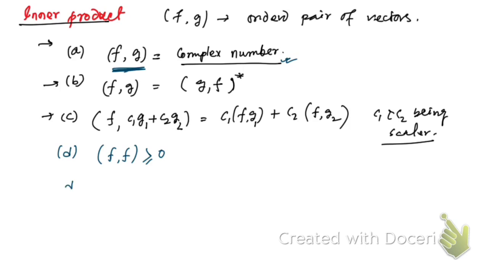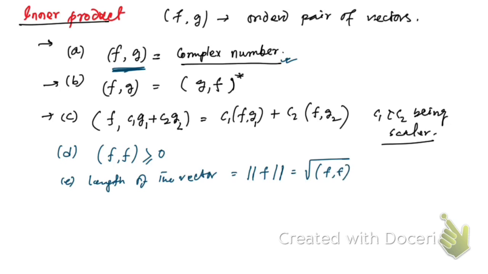And here you see the length of the vector, the length of the vector will be given by mod of F, which is nothing but the root over the inner product of F and F. Okay, so it must be a non-negative number.